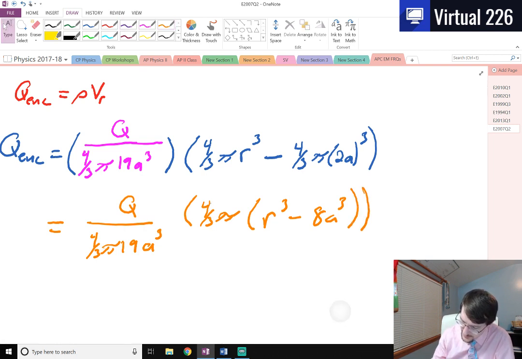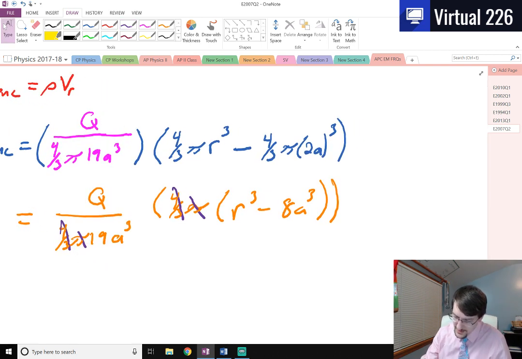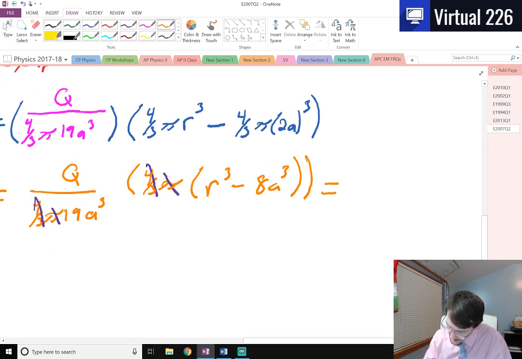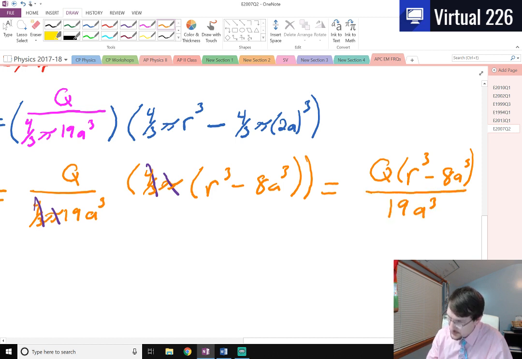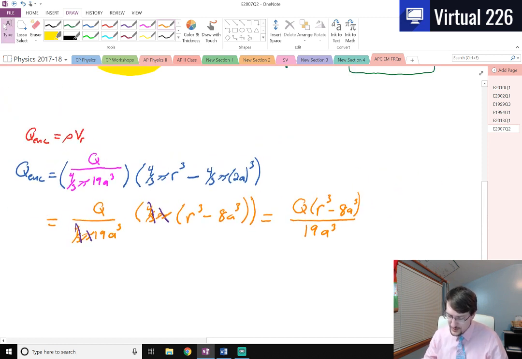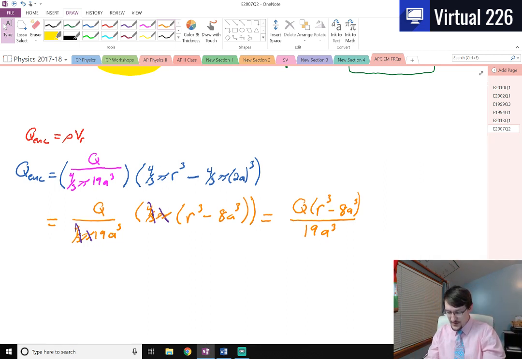And then we see that our 4/3 pi go away. That's great. And we could say that the charge enclosed here is equal to q times r cubed minus 8a cubed over 19a cubed. Okay, so that is our charge enclosed in the outer red sphere.